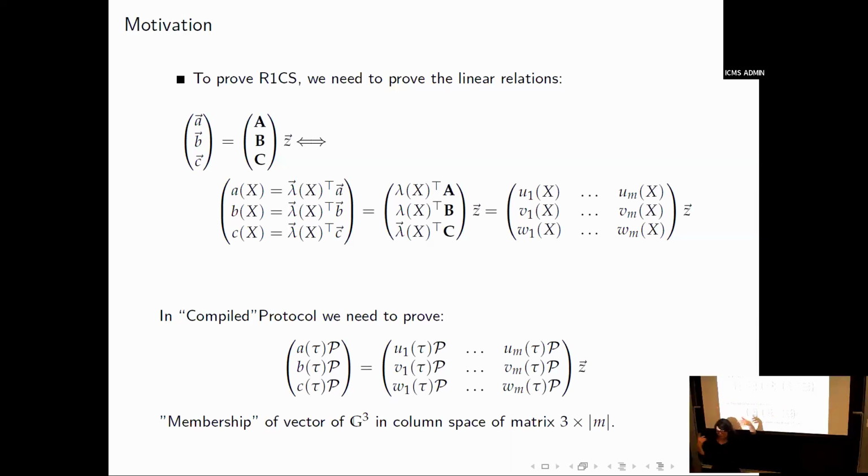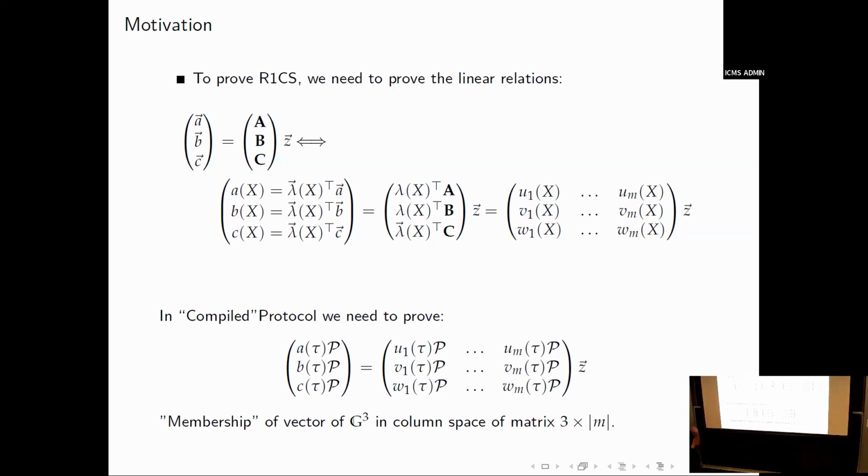Because you never send polynomials, you send polynomials evaluated at a point, in this case a commitment. So in reality, in the compiled protocol, what we will be proving is that the polynomial evaluated at tau embedded in the curve, the same for B evaluated in the trapdoor embedded in the curve, and C, is in this matrix, okay?